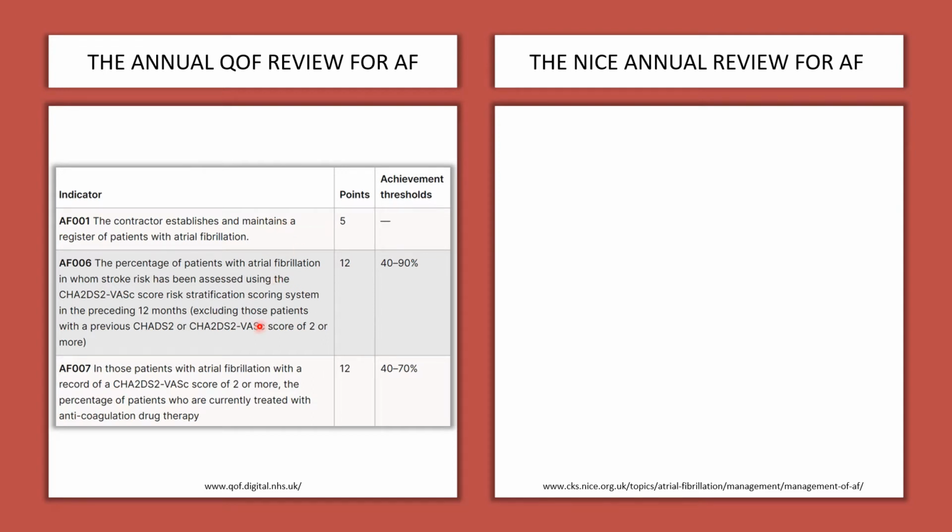But then if we go down and have a look, percentage of patients in whom stroke risk has been assessed using the CHA2DS2-VASc score, which we've covered within the course of this module. And it says excluding those that had a previous score of 2 or more. So that's what we need to do. And then, of course, if you identify somebody who is at an increased risk of stroke, we have to do something about it. So that really is what the QOF asks for.